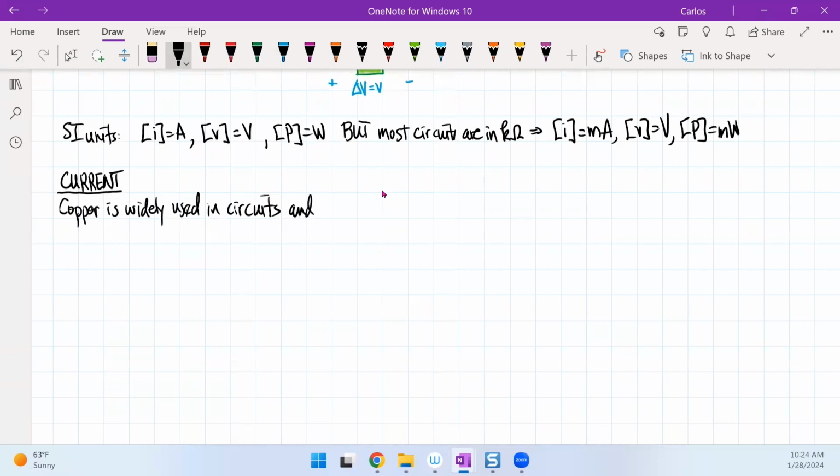And looking at its atomic structure shows why.